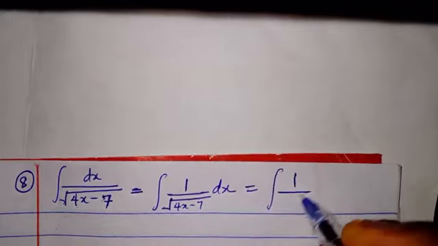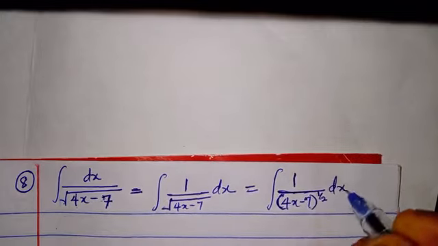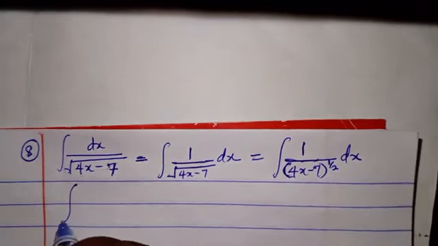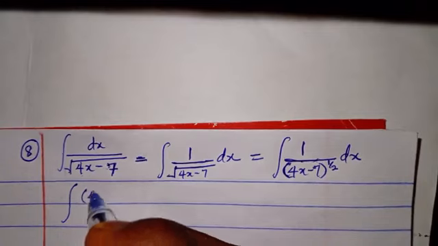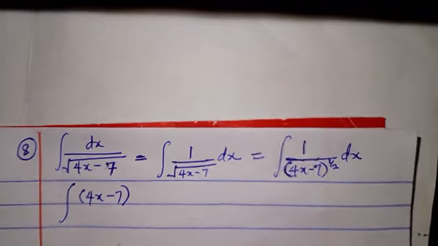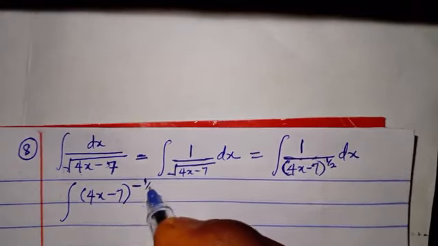That is 1 all over 4x minus 7 to the power of 1 half. And this can be written as the integral of 4x minus 7. Since we are inverting it, the power becomes negative 1 half.